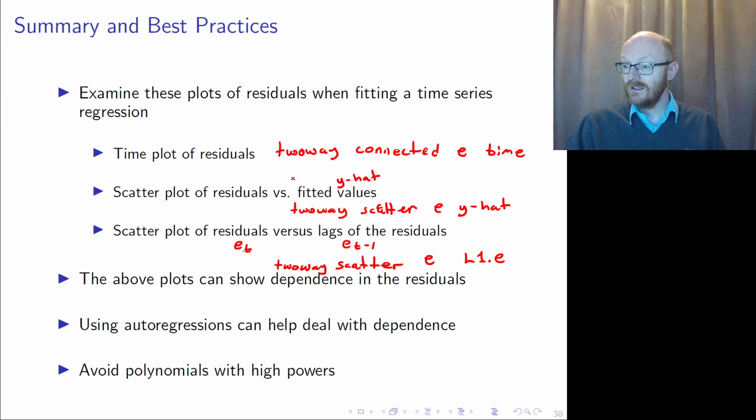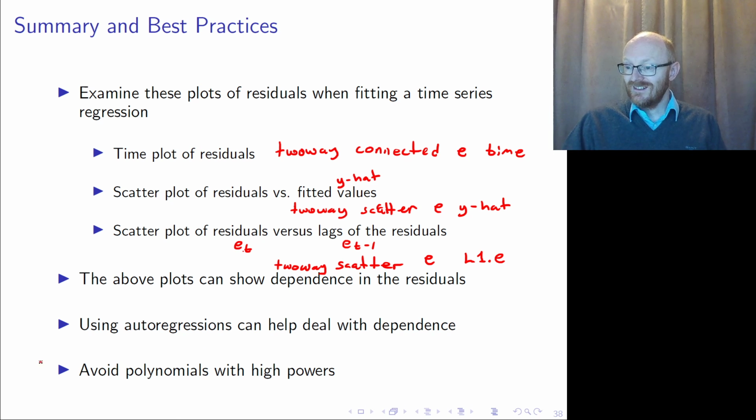And by using autoregressions, you can help dealing with this dependence, because if you find dependence, then you try to add one extra lag, okay? And if you still find dependence, try adding one extra lag, okay?